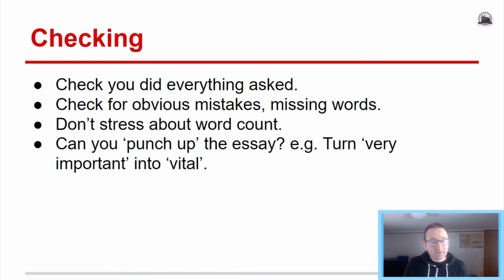Check for obvious mistakes, of course. Check for missing words. Sometimes when you rewrite a sentence, you miss out a keyword or a little word. Don't stress about the word count in the exam because you've already practiced so much. You should have a feel for how many words you've used.